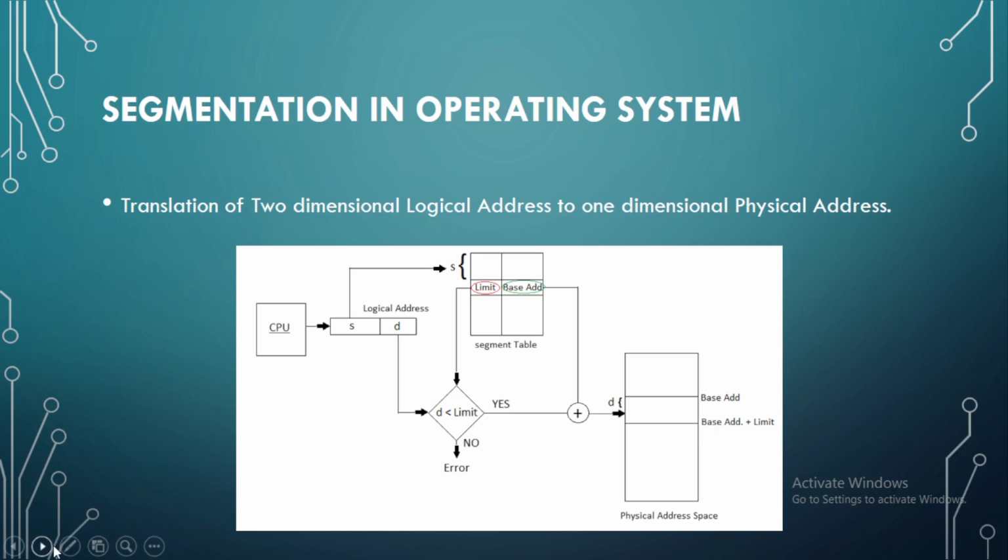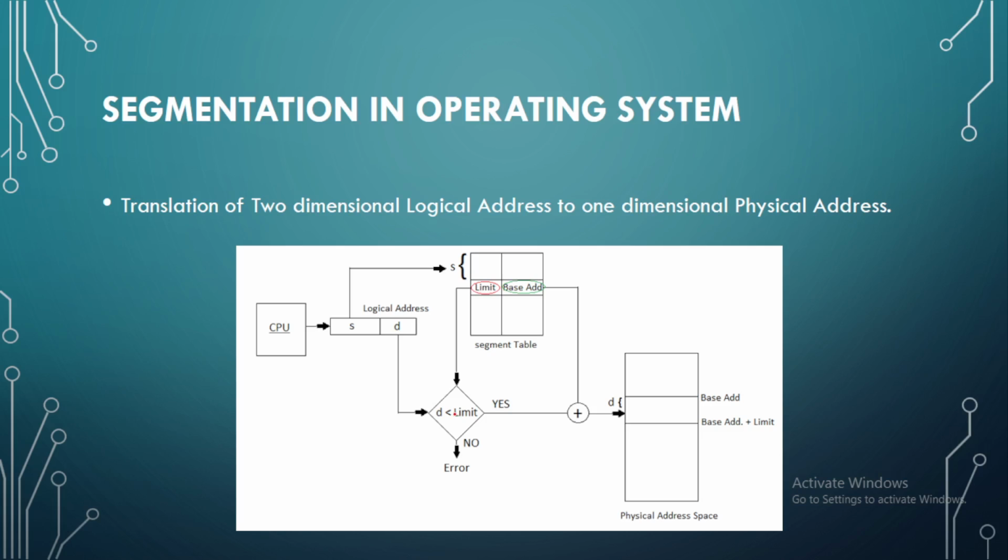So CPU generates logical addresses. Here this is segment number, and it is loaded with the segment table, which contains limit of the segment and base address of the segment. This limit is compared with the offset of the logical address.